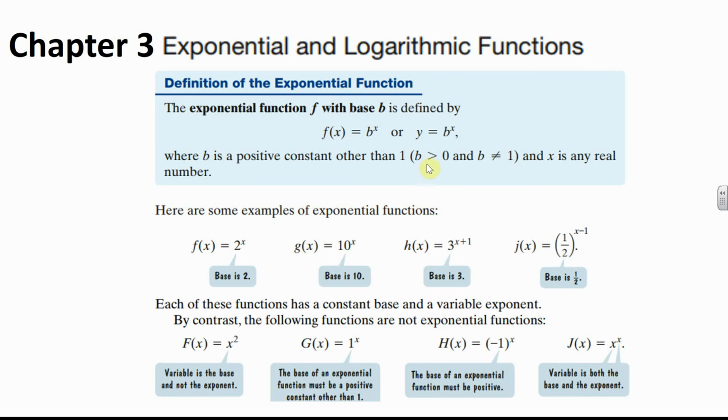But that's the reason here where b is not equal to 1, because if b is equal to 1, then you have f of x is equal to 1 to the x. And that kind of looks like 1, 1, 1, and here x is any real, so those values could even be negative, like x is -1.